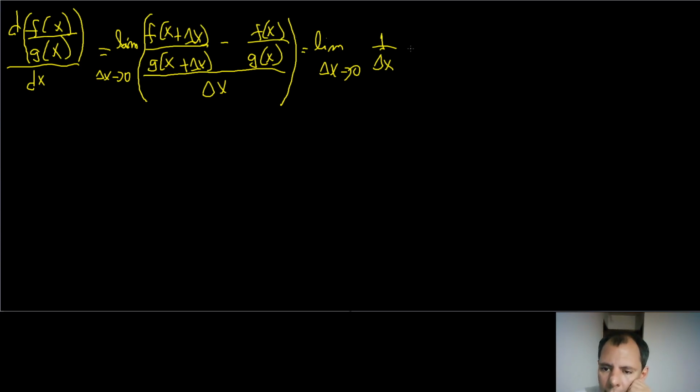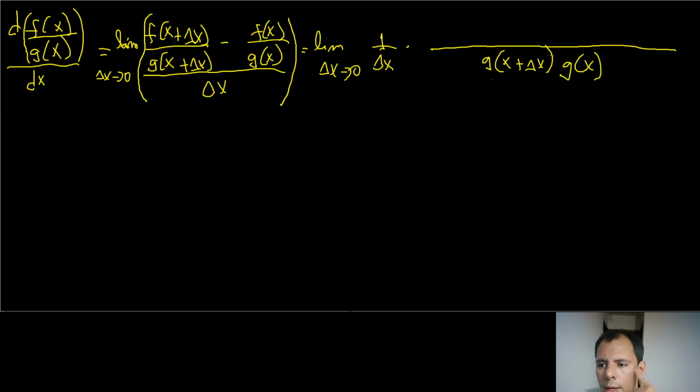Okay, so we have to take the, I think it's called the minimum common denominator, right? So let's do that. What's the minimum common denominator of g of x plus delta x and g of x? Well, it's just that: g of x plus delta x times g of x.